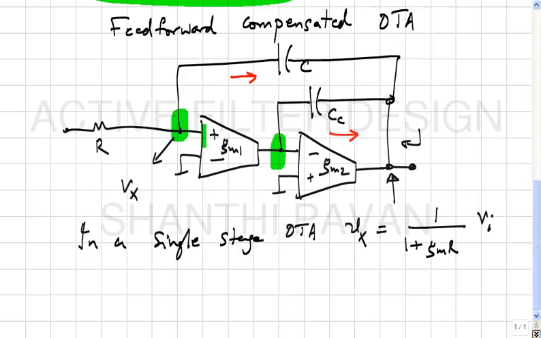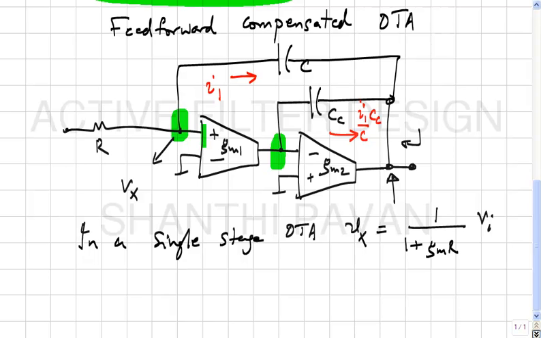It can't be the same current, correct? Because two different inputs. So, if I call this I1, what is the current through Cc? I1 by C times Cc.